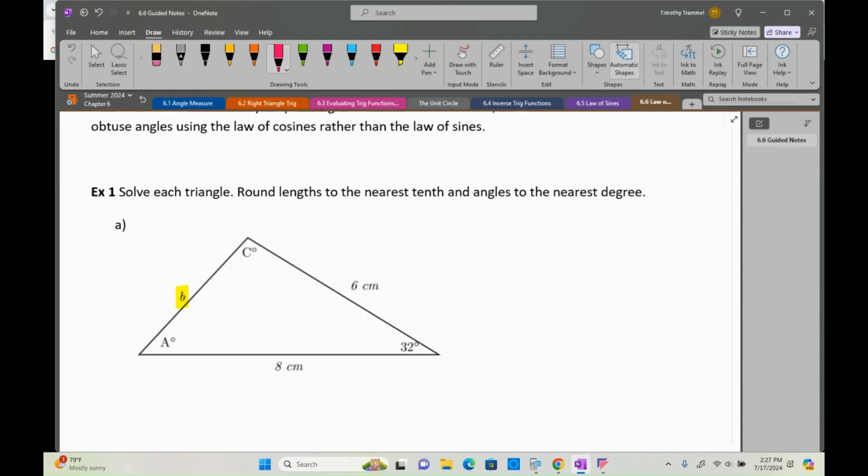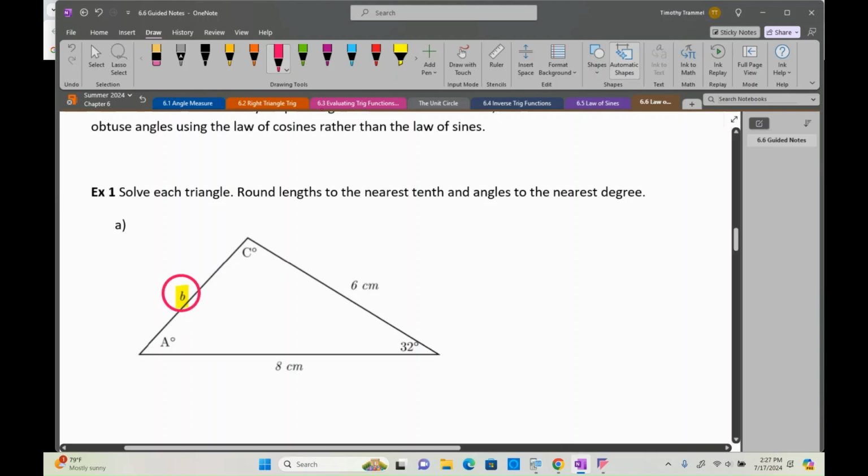And that formula, when I am maybe trying to solve for, say, b, it might be best to start off with the formula that starts off with maybe b squared. So b squared is equal to a squared plus c squared minus 2ac, and then cosine of big B.